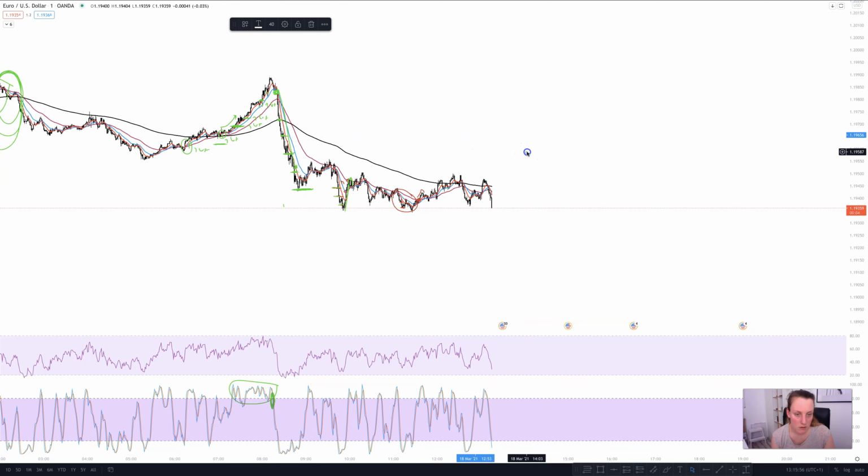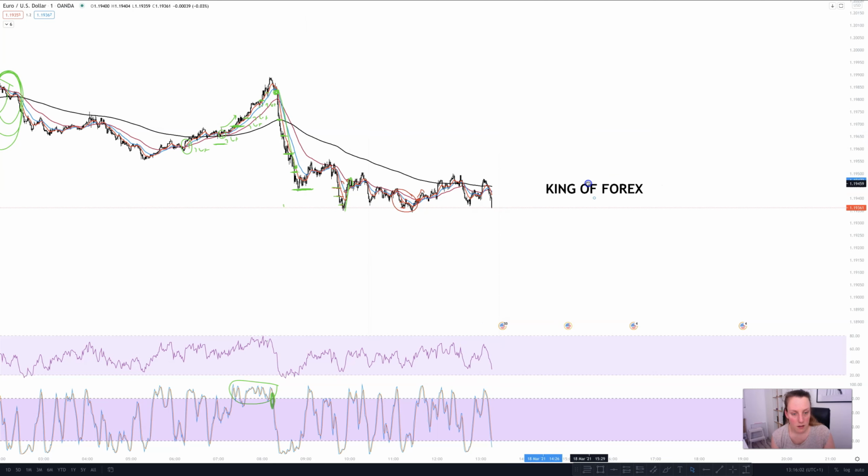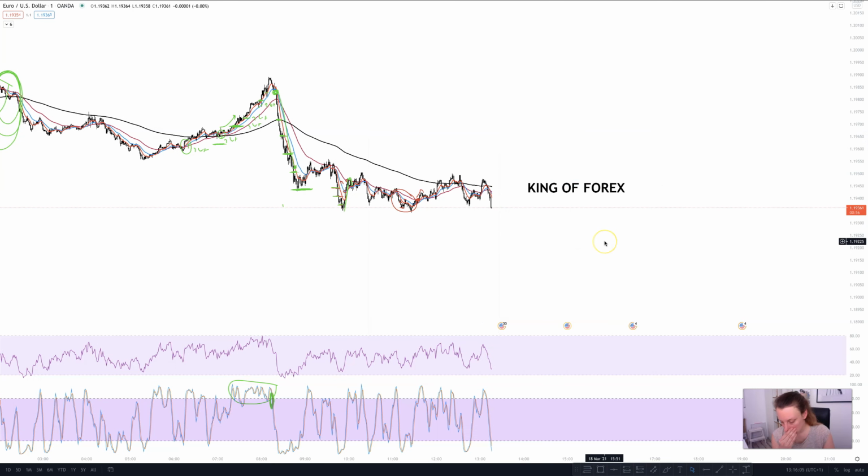Search him, subscribe to him, and practice this on demo accounts and not on any live account or funded account. And please be careful with the lot sizes. You see it, you have multiple positions. You don't want to risk too much.